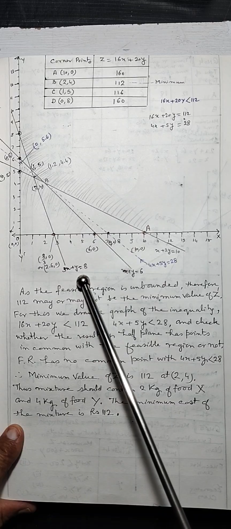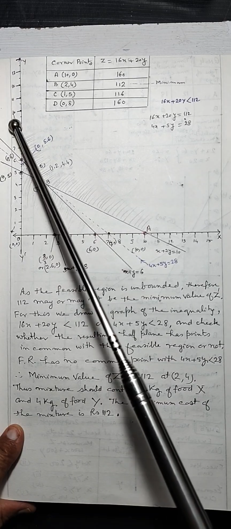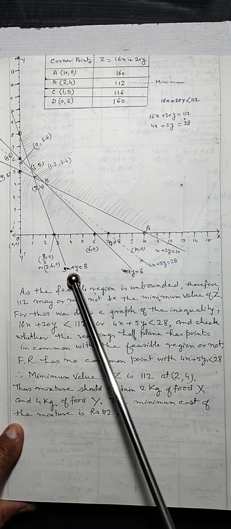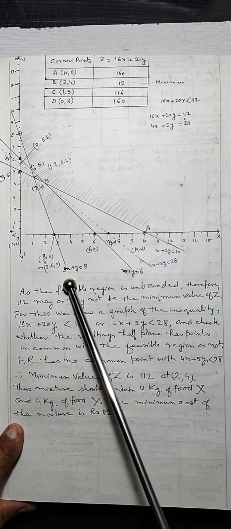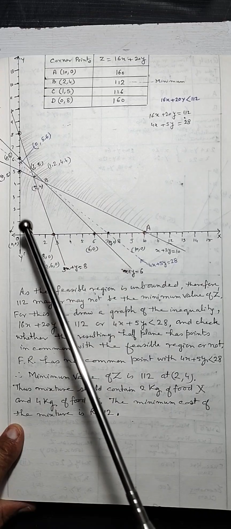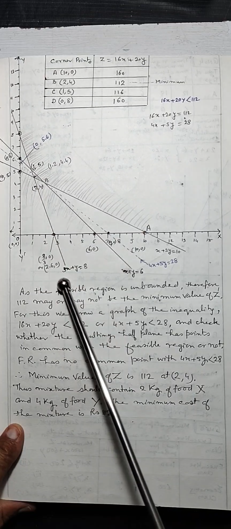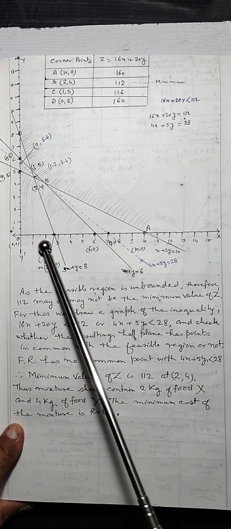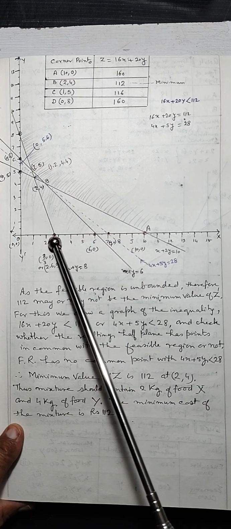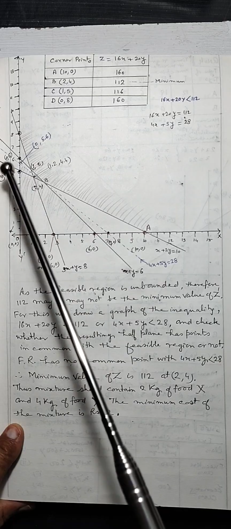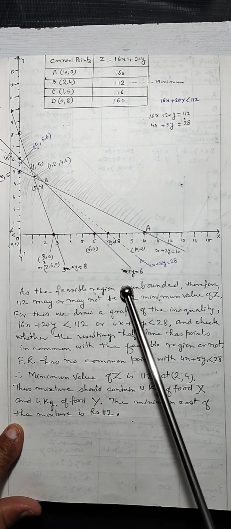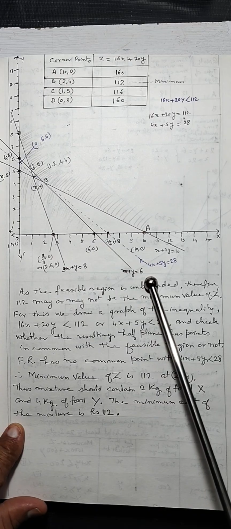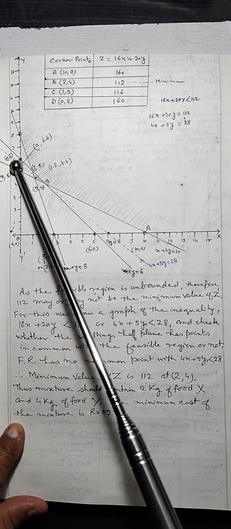Here 3x plus y is equal to 8. This line represents the graph. In order to find the points on the x and y axis, put x is equal to 0, you will get the point on the y axis. And if you put y equal to 0, you will get the point on the x axis. So just taking the 2 points on x and y, we can join the line. Similarly, here x plus y is equal to 6, this graph line.